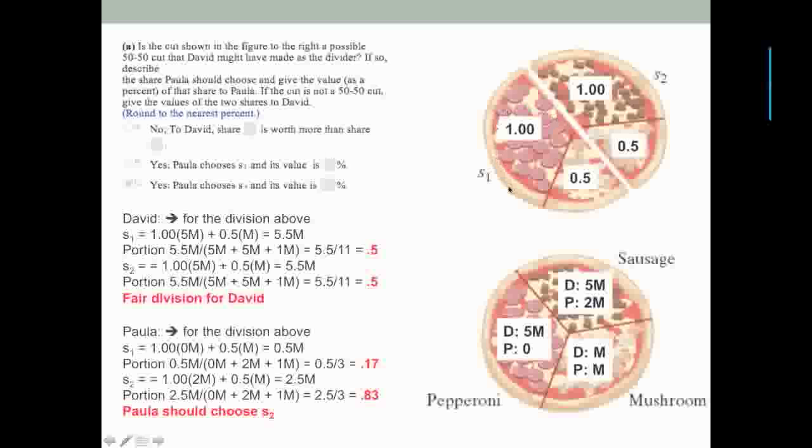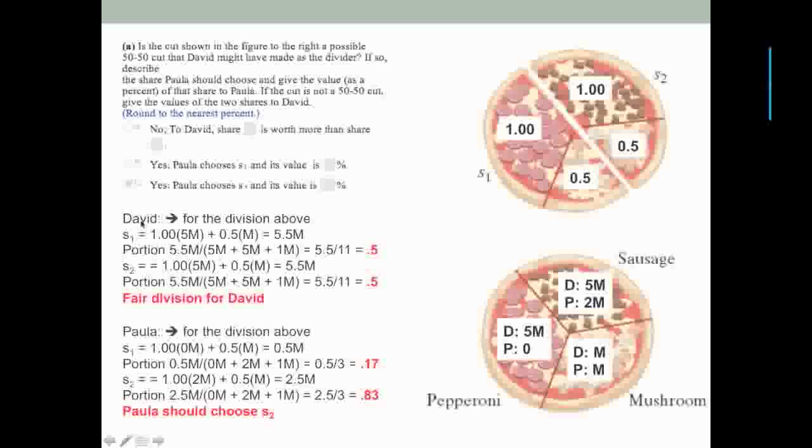S1 contains 1 full third, or we will, for ease in computation, just say 1 of the pepperoni, a half of the mushroom, and for S2, another half of the mushroom, and a whole of the sausage. Remember, this is how they valued the pepperoni and the sausage and the mushroom in the second figure there.